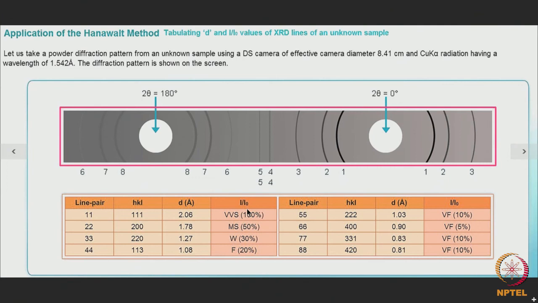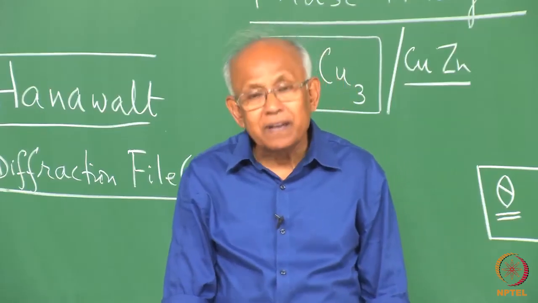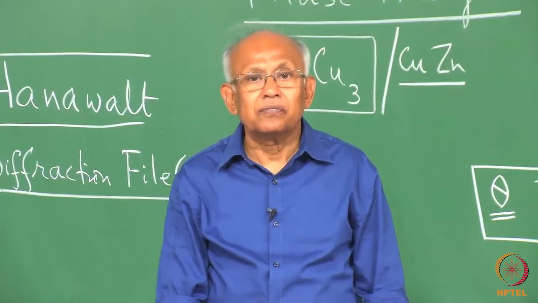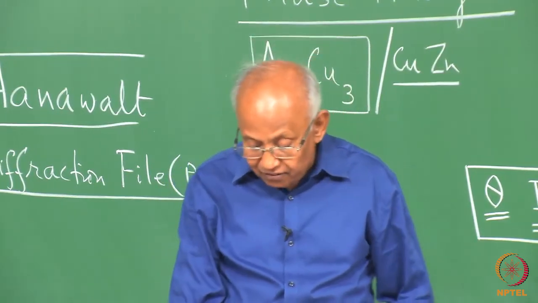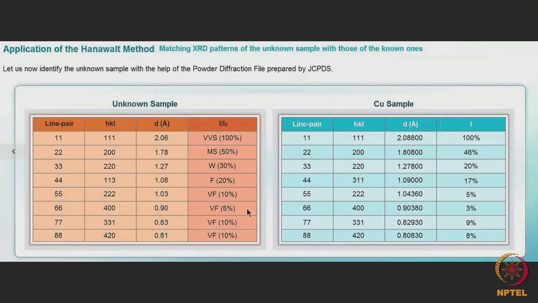Now, once we do that, we have to compare this data for the unknown substance with the diffraction data from many, many thousands of substances that are available in the powder diffraction file. So, now how we identify that?